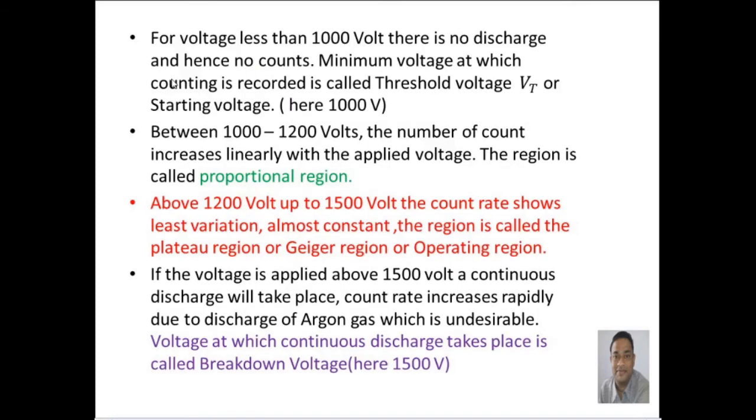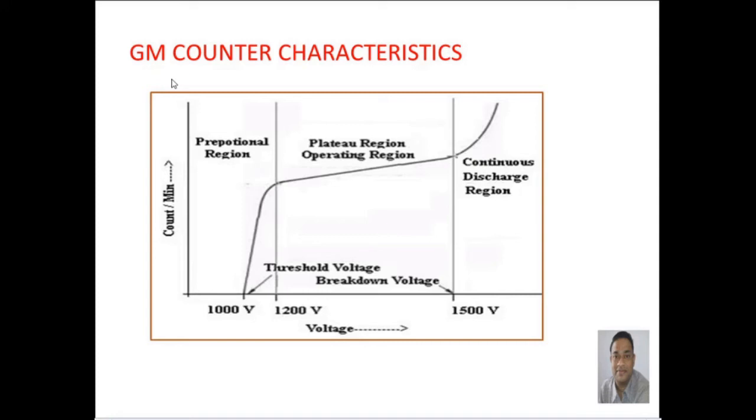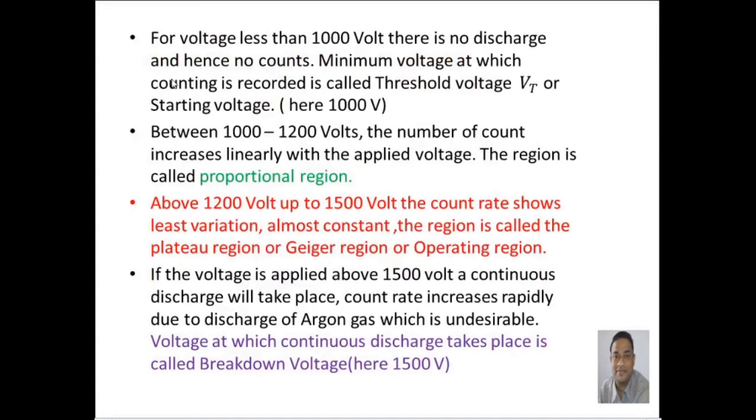Now from about 1200 volts up to 1500 volts, the count rate shows least variation. It is almost constant. In this particular region where the count rate in the GM counter is nearly constant, it is called the plateau region. And the plateau region forms the operating region of the GM counter. The GM counter operates within this voltage range.